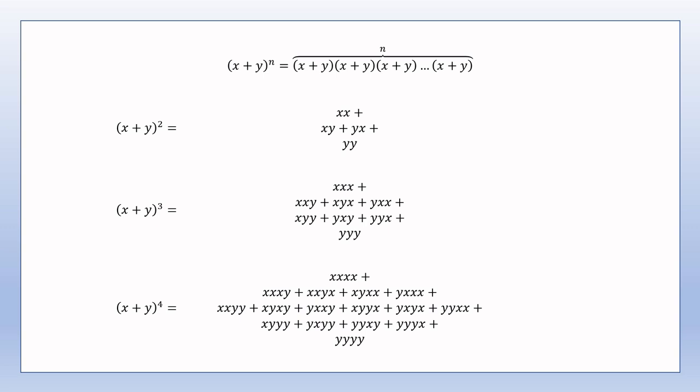And similar comments apply to (x + y)^4. Therefore, we might reasonably expect that the expansion of (x + y)^n to be, in an unsimplified form, a sum of strings of x's and y's of length n, where every possible combination appears exactly once.